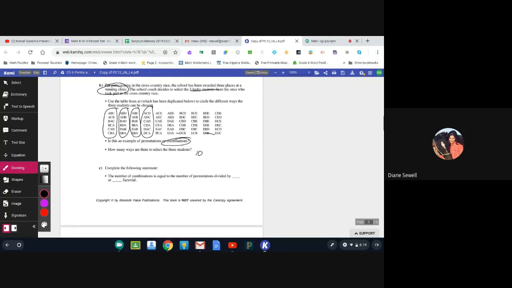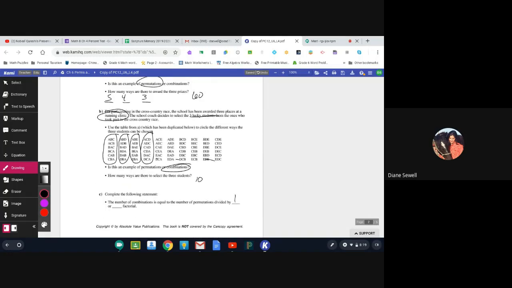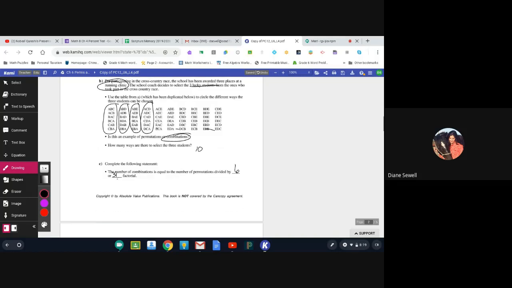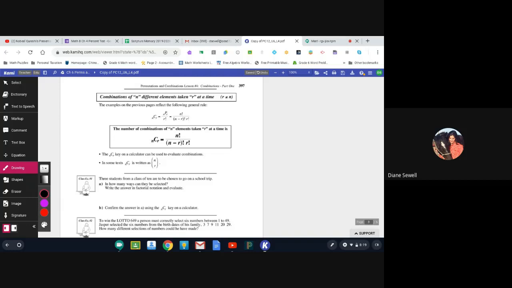So the number of combinations is equal to the number of permutations divided by, well, 6 in this case, which is the same as 3 factorial. So you will see here that from the examples we did, a combination, which by the way is on your calculator, is the number of permutations divided by however many you're choosing, R factorial.